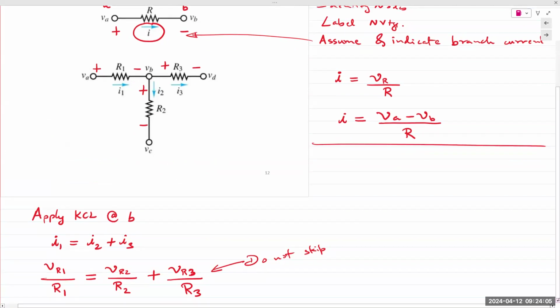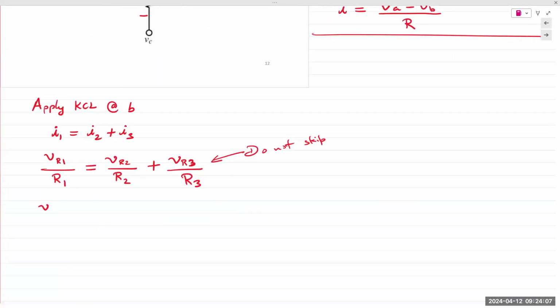VA minus VB divided by R1. And then, of course, VR2 is the same. VB minus VC divided by R2. And VR3 would be VB minus VD divided by R3.